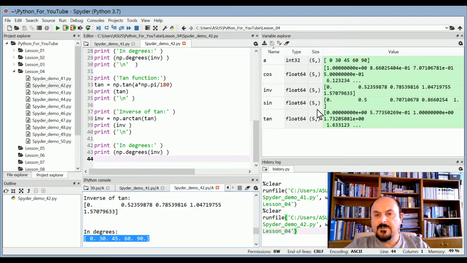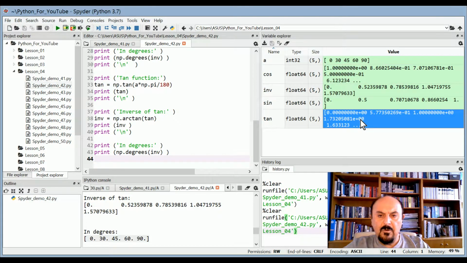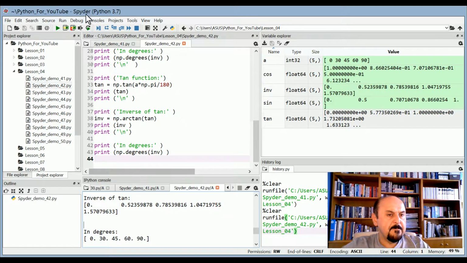And I'd like to show you the current equivalent values of cosine and sine functions, and all the things are summarized here.